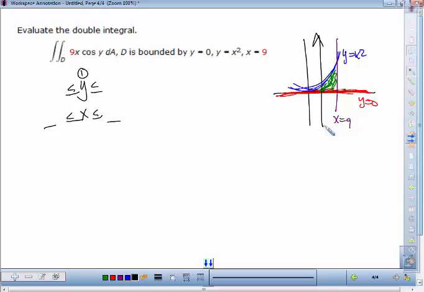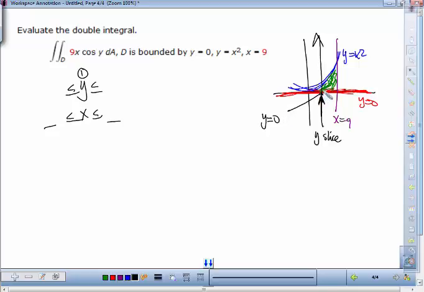So the line parallel to the y-axis is going to enter the region somewhere. And then you need to identify that with respect to x. Y is equal to something. What graph did I pass through to enter the region? Yeah? Y equals 0. So that's going to be my lower limit.